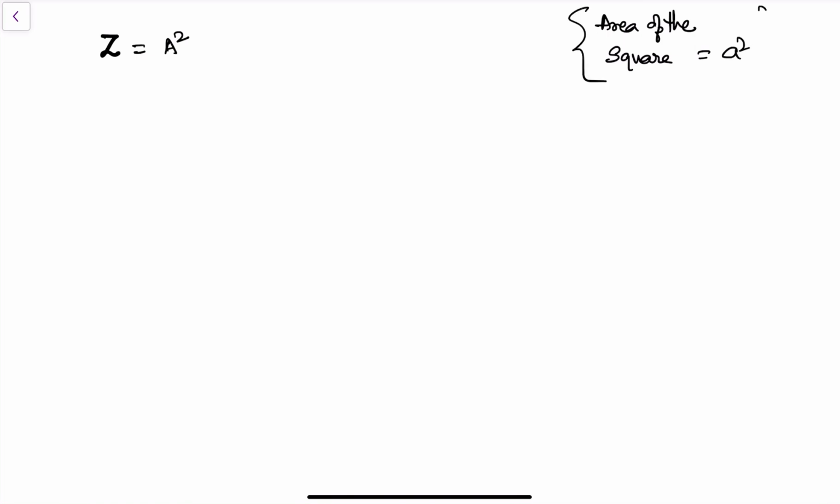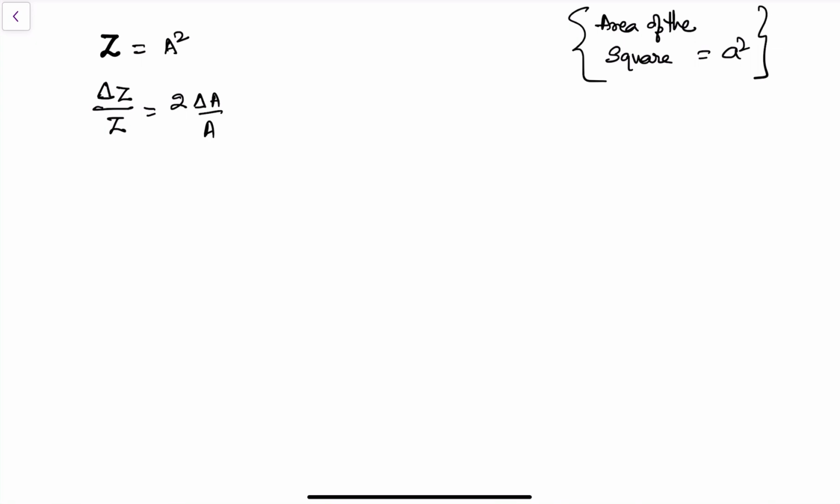You can understand like this. How to find the relative error in this? Delta z by z, the relative error, is equal to 2 into delta a by a.